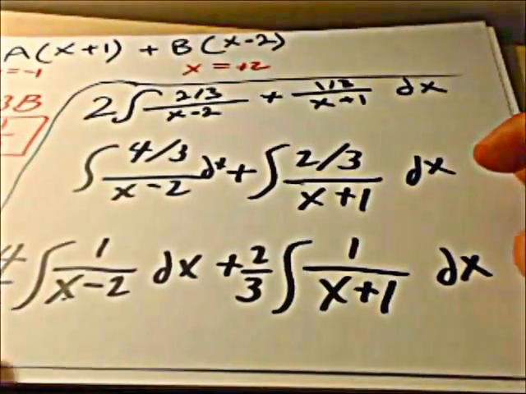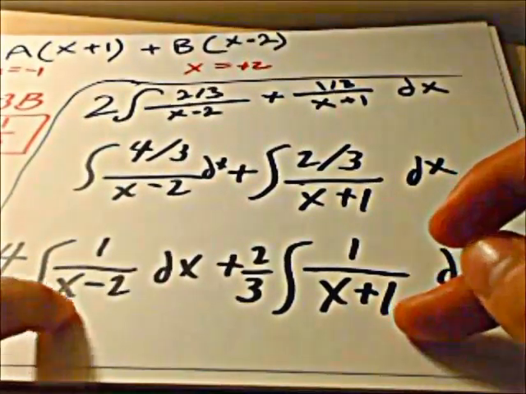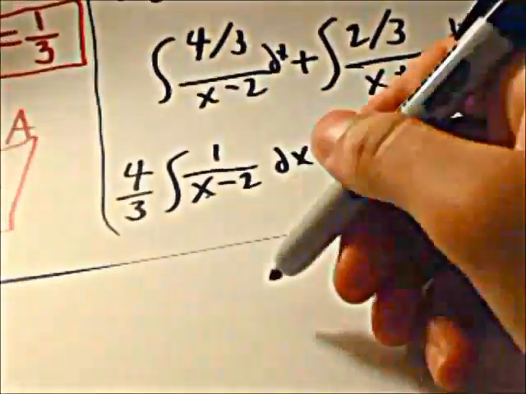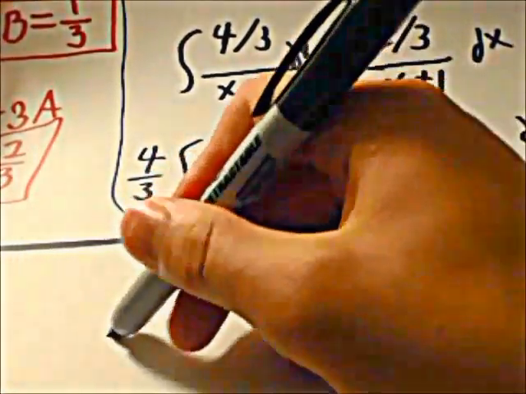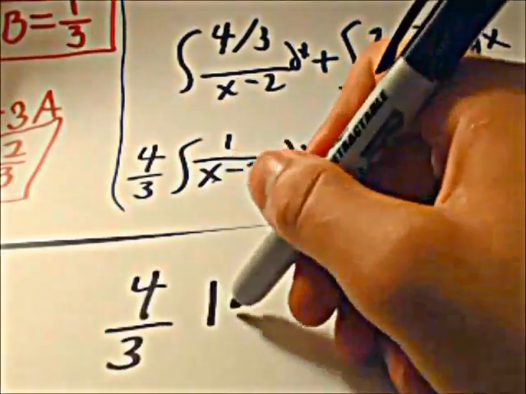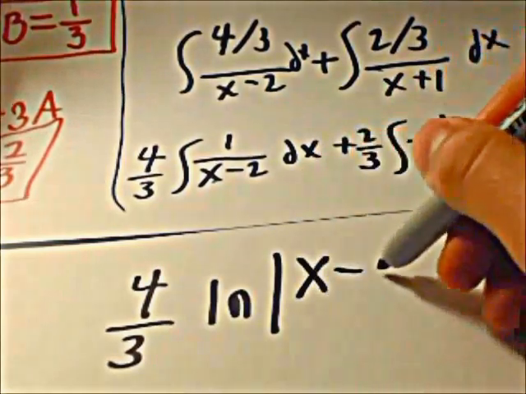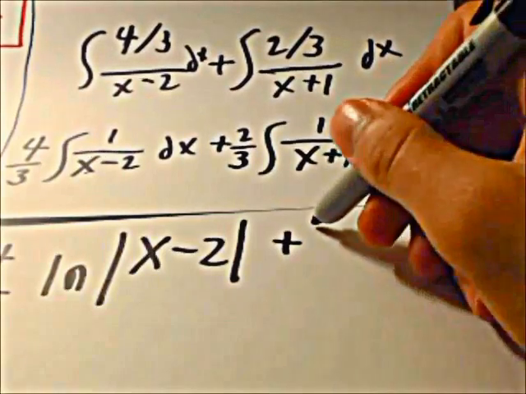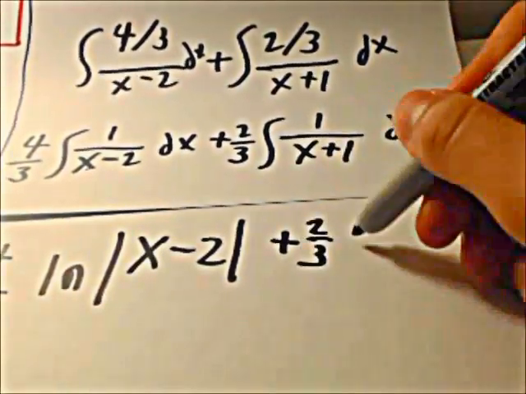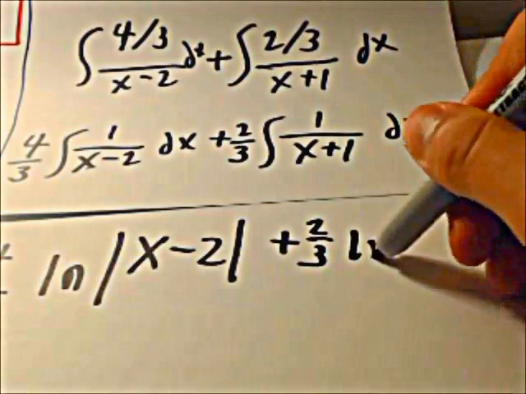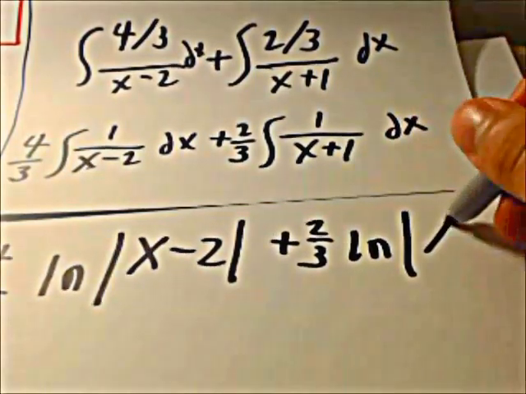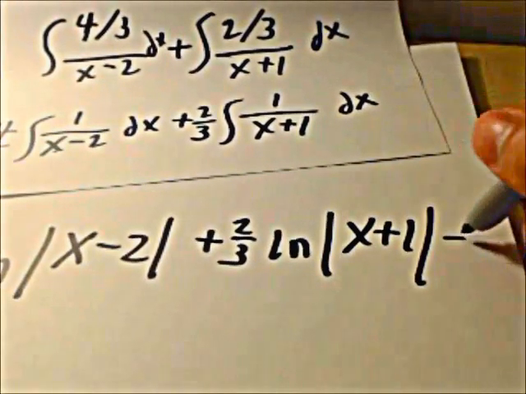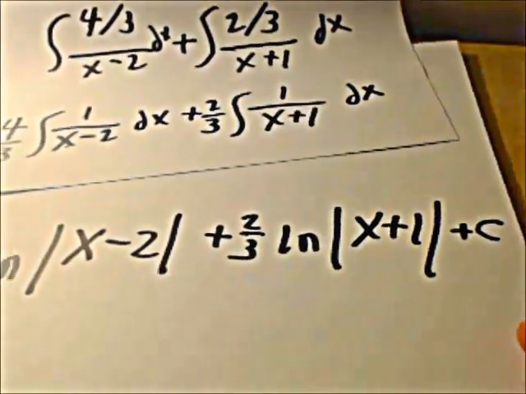Now I'm going to take the integral of that, and you know the integral of 1 over x minus 2 is the natural logarithm of the denominator. So we get 4/3 ln of x minus 2, plus 2/3 times the natural logarithm of x plus 1. And don't forget plus C. And that should be the final answer.